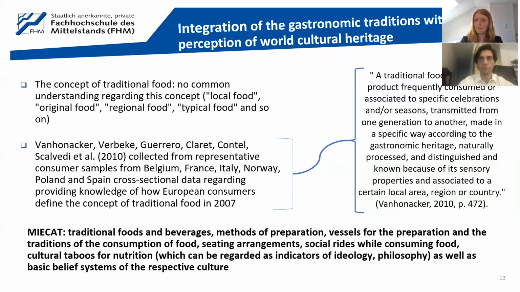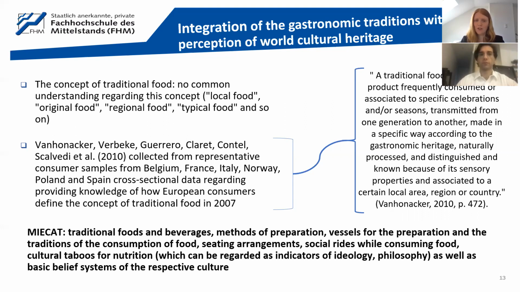And through some correspondence analysis, they found a definition: a traditional food product is a product which is associated to specific celebrations like seasons, or if you're thinking about Christmas or Easter, is transmitted from one generation to another, made in a very specific way, according to gastronomic heritage, is naturally processed and distinguished and known because of its sensory properties, and very central is the aspect that it is associated to a certain region, for example, or community.